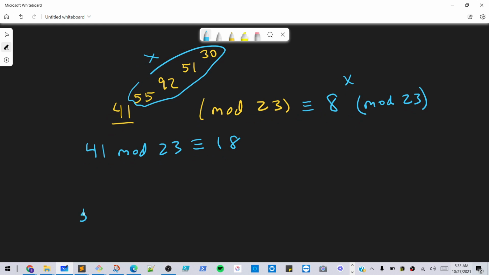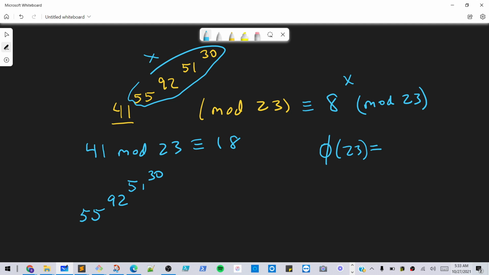So we have 55. We'll break this out separate and look at 55 to the 92 to the 51 to the 30. And what you can do is use Euler's totient function, or you could use Fermat's little theorem. It's the same thing. The totient function is the number of integers that are relatively prime.